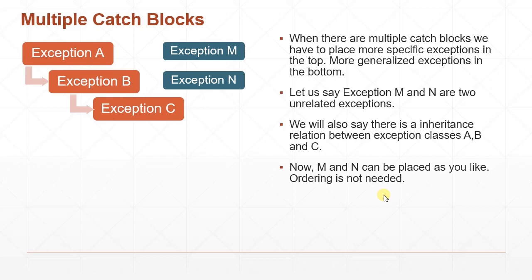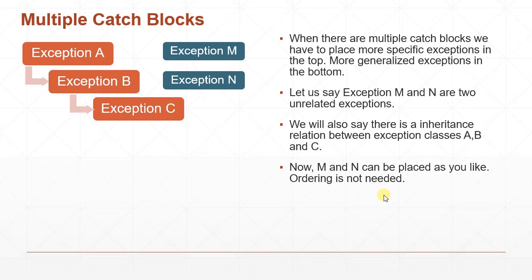In these multiple catch blocks, we can place M and N wherever we want. That means ordering is not important for M and N. So M and N are independent classes. There is no relation between M and N, and they don't get involved in the existing exception A-B-C relation.